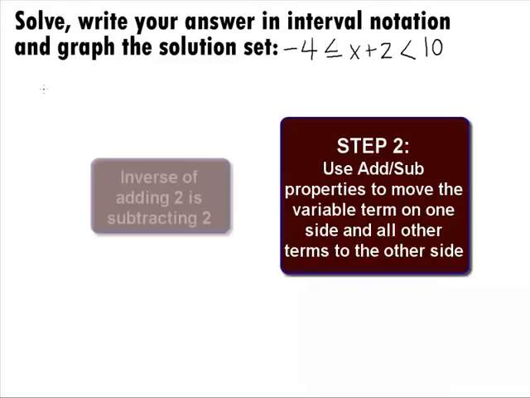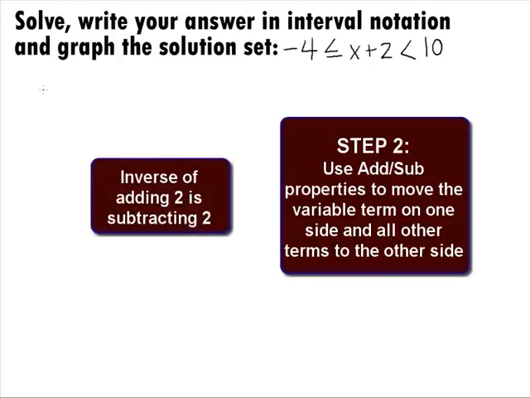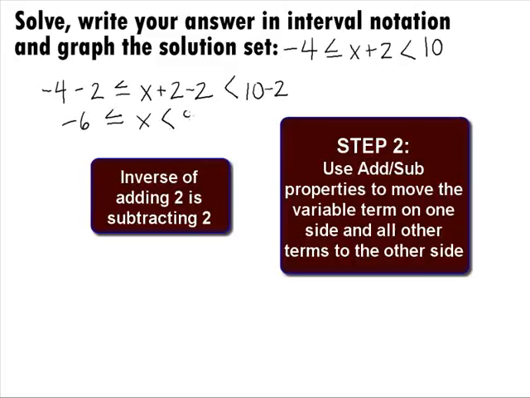The inverse of adding 2 is to subtract 2 from all sides, which gives us -4 minus 2 is less than or equal to x plus 2 minus 2 is less than 10 minus 2. This will simplify to be -6 is less than or equal to x is less than 8.